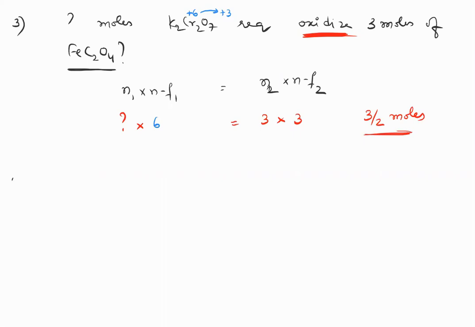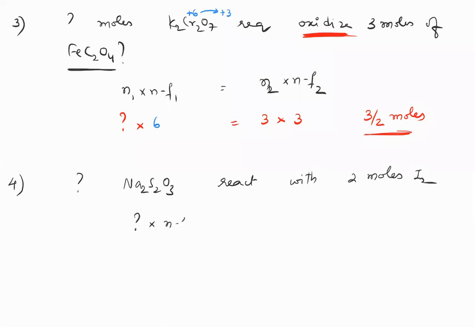Okay. One last example. How many moles of hypo are required to completely react with 2 moles of iodine? Again, this is a reaction you're expected to know.